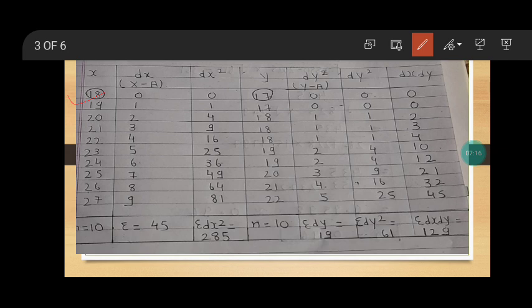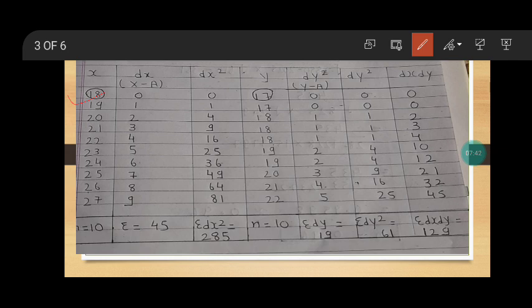The next item is 23. 23 minus 18 would be 5. Next item is 24, so again we subtract the assumed mean from 24. 24 minus 18 would be 6. Then the next item is 25, so 25 minus 18 gives 7.